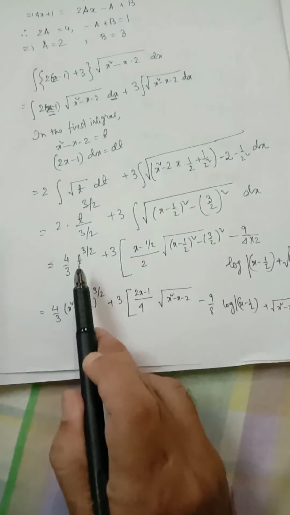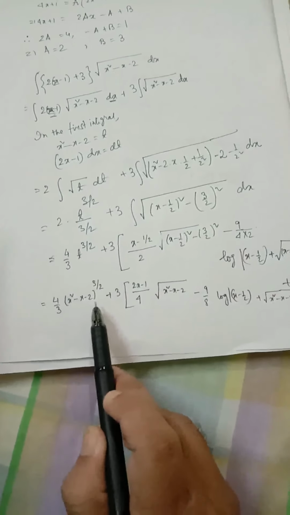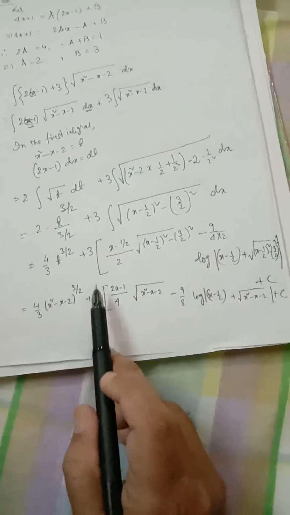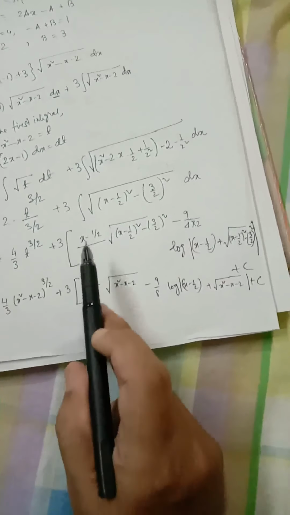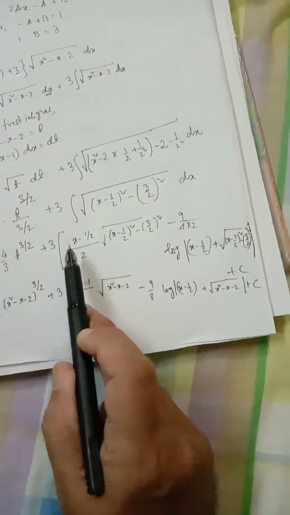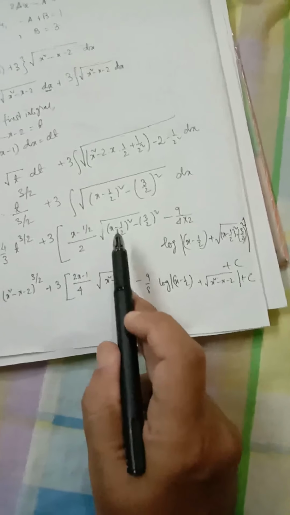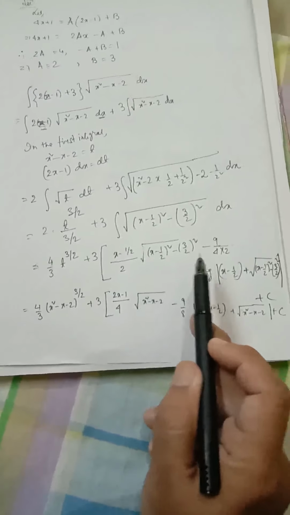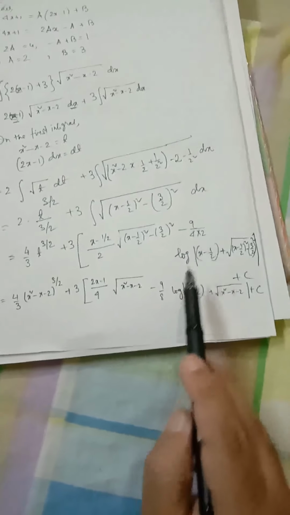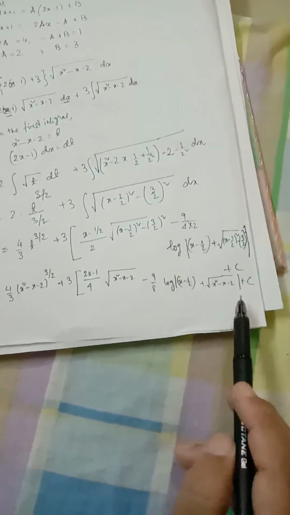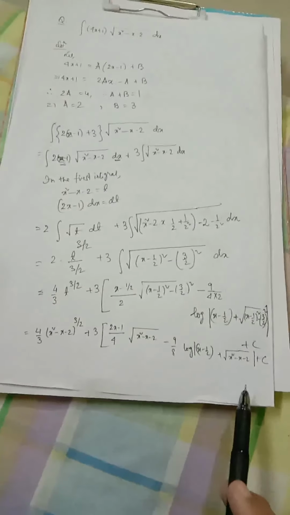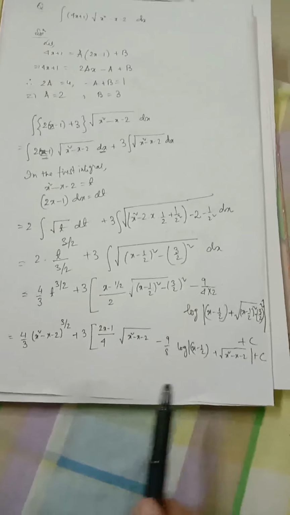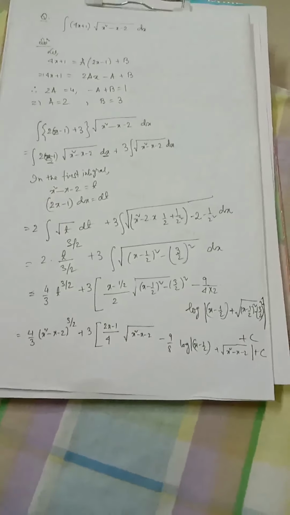So here we have to put t equal to x square minus x minus 2 to the power 3 by 2, plus 3 into, after that I have simplified this, becomes (2x minus 1) by 4 into root over x square minus x minus 2. If you simplify, you will get minus 9 by 8 log of this plus root over x square minus x minus 2. So this is the answer.